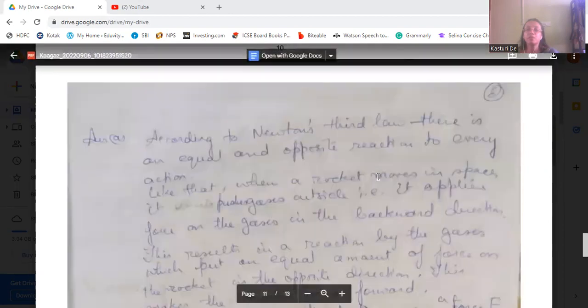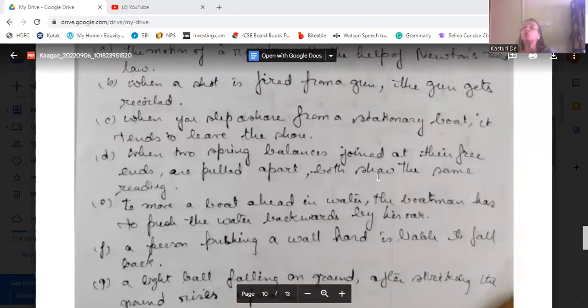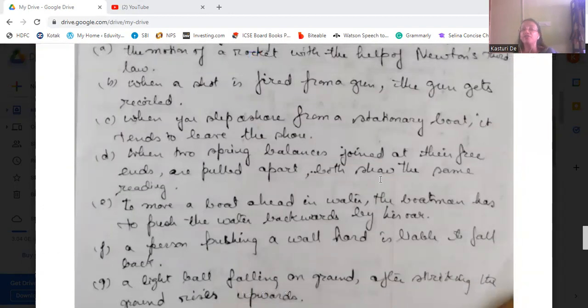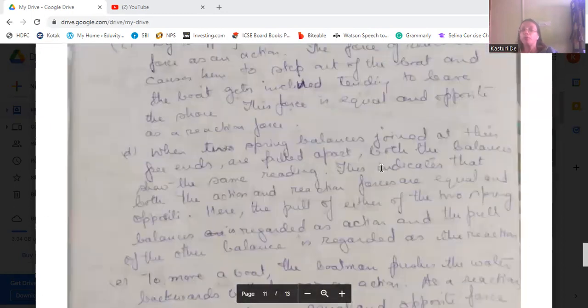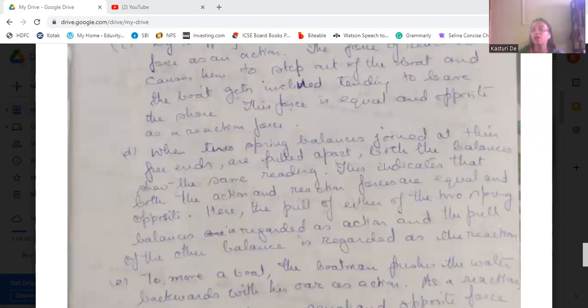Next is when two spring balances are joined together at their free ends and pulled apart, both balances show the same reading. Why?